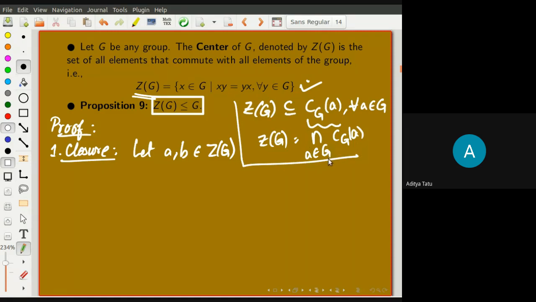Because given a finite group, you will have a finite number of distinct subgroups, and therefore finite intersections of subgroups will also be a subgroup. All right? How do we show closure here?